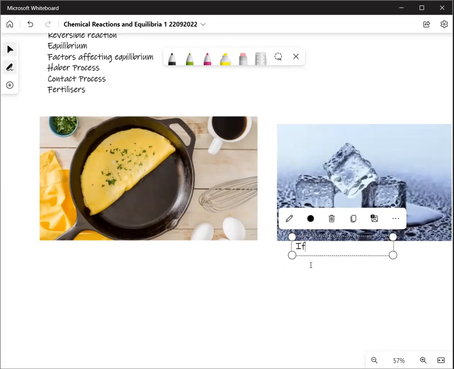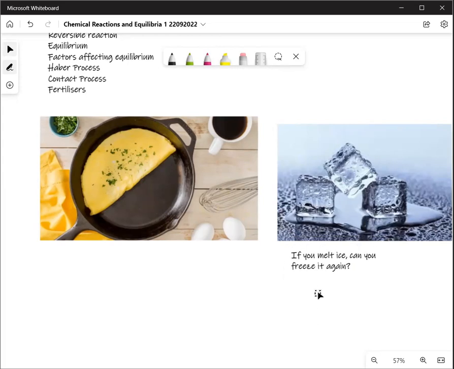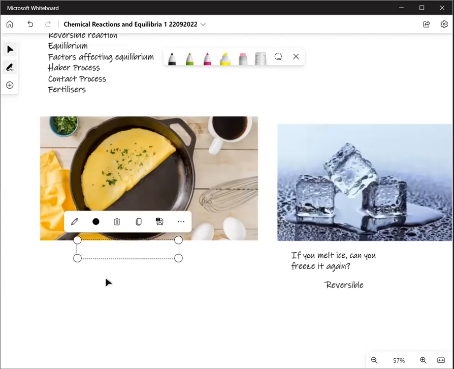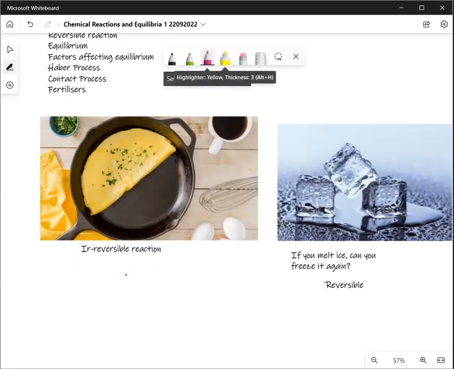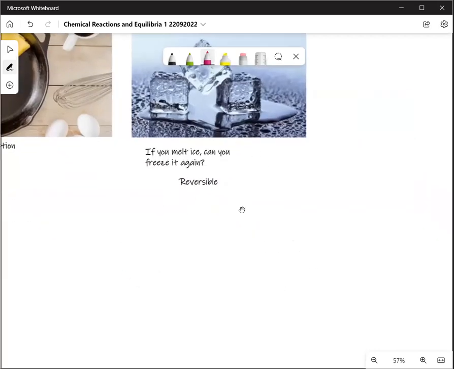Yeah, we can. So what we realize is that this one over here is called a reversible reaction because it can be reversed. It can go in the reverse order. But on the other hand, this is not a reversible reaction. It's called an irreversible reaction. We don't really care about these, but we care especially about this.